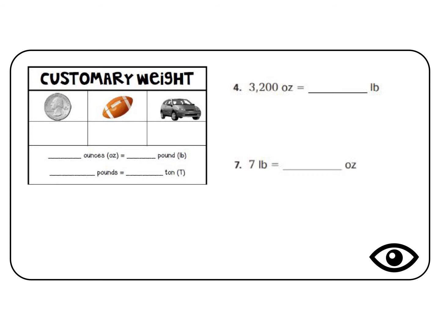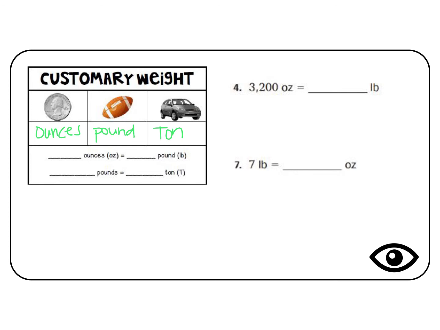So this dime, this coin here, we would measure in ounces. And a little bit heavier than an ounce is a pound. And heavier than a pound is a ton. If you can remember that ounces are small and tons are big, then you'll be able to know if you need to multiply or divide.